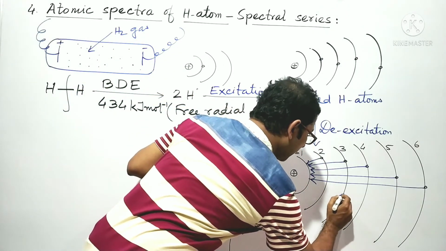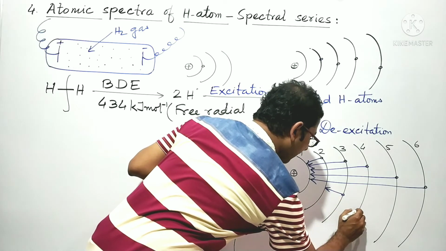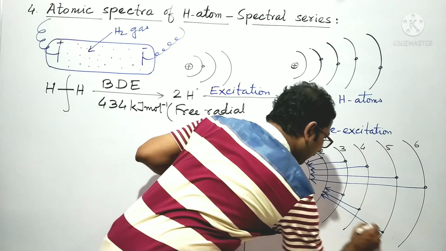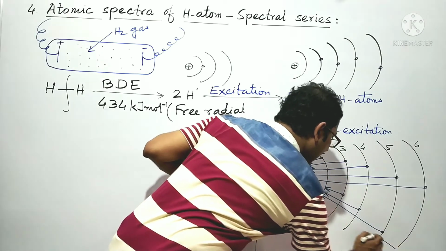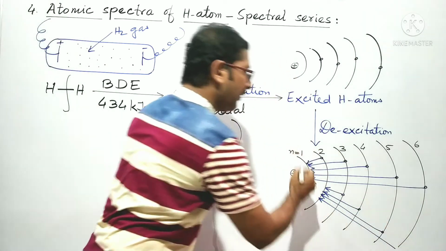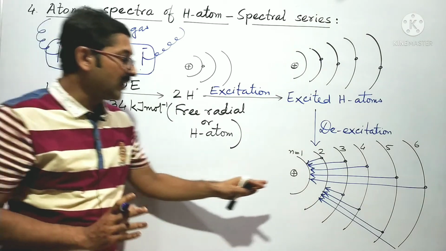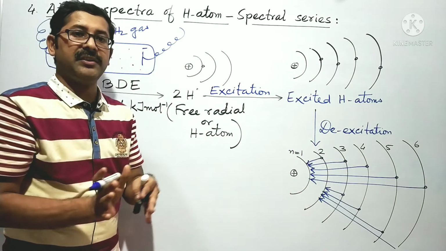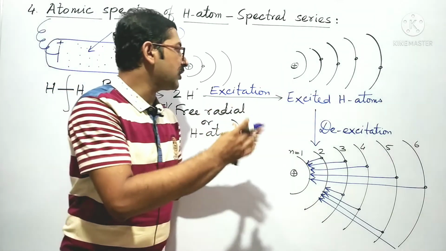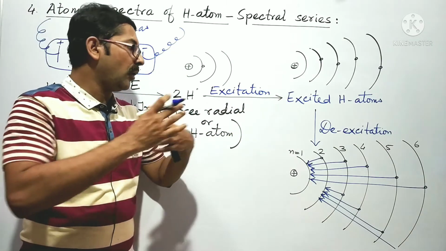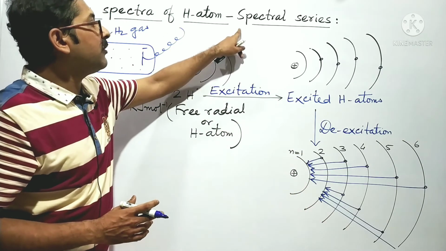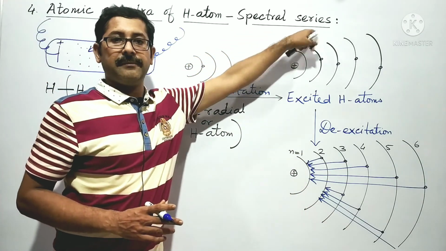When the electrons come from the third orbit to the second orbit, from the fourth to the second, from the fifth to the second, from the sixth to the second, this is another set of lines that will occur. And these series of lines have different names after the name of the scientist who actually observed these lines, and are known as the spectral series of lines.